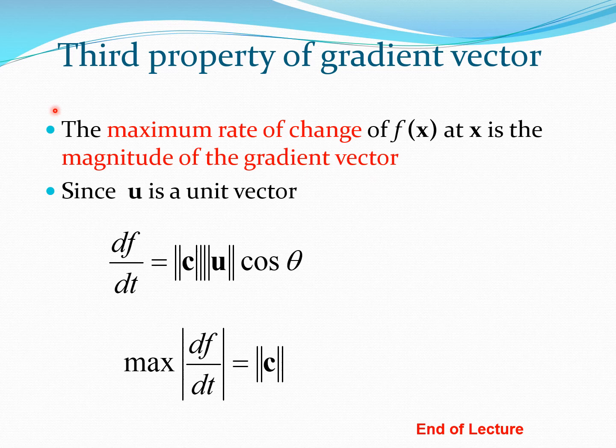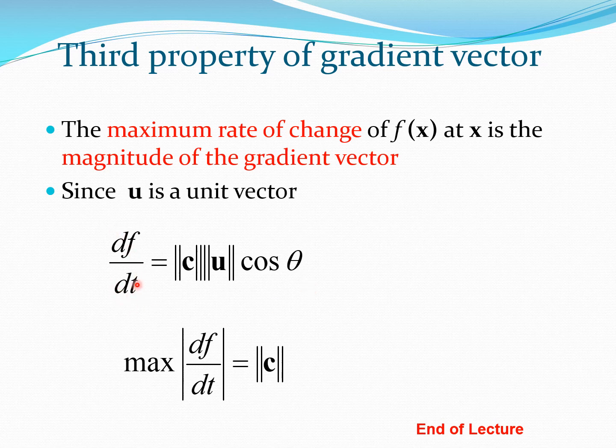Now the third property of the gradient vector is that the maximum rate of change of f(x) at x is the magnitude of the gradient vector. So we'll prove this as follows. Going back to our previous mathematics, since u is a unit vector, df/dt was norm of c into norm of u into cos theta. This we saw based on the definition of the scalar product or the dot product.